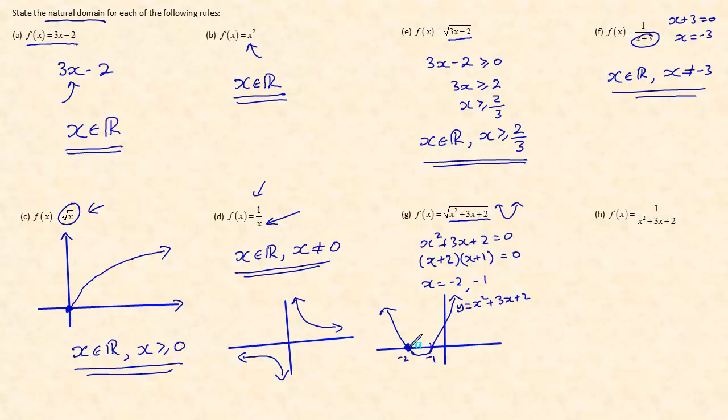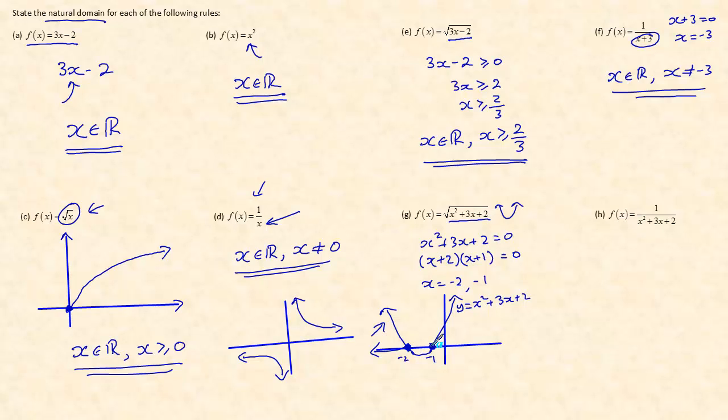So we can input any value of x into here this way from negative 2, because that means that x squared plus 3x plus 2 would be positive. We can see that because the curve's above the axis.